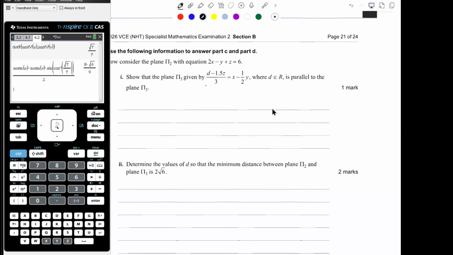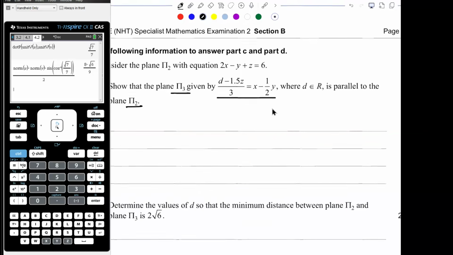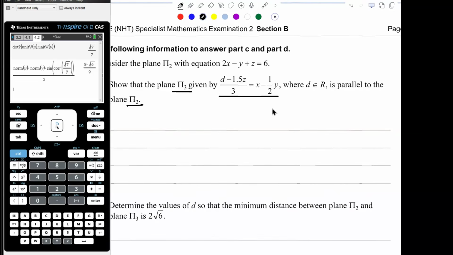This equation will give a plane pi 3 parallel to pi 2. Okay, so you can rearrange this expression, can't you? What I'll do is multiply all terms by 6.